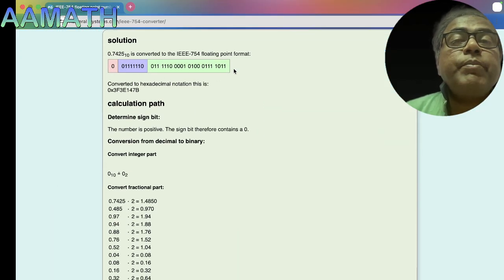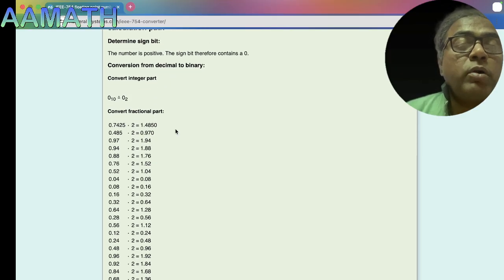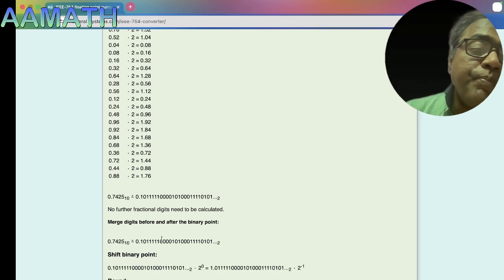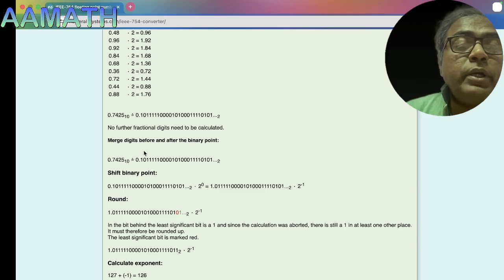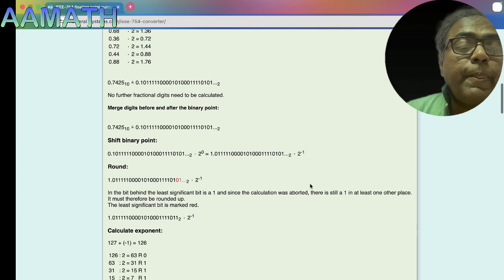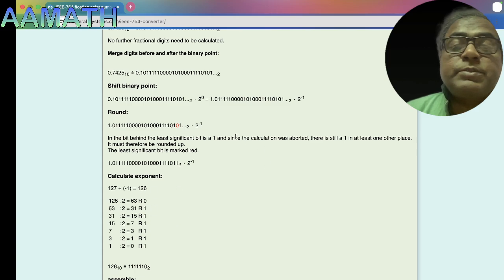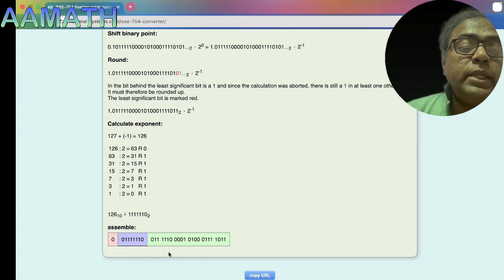We get the floating point representation and the calculation path: the sign bit, the fraction part converted from decimal to binary, shifting the binary point, which is the normalization, and calculating the exponent, where the biased exponent is -1. Finally we get the answer.